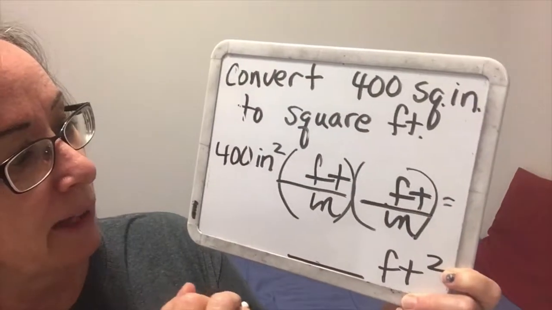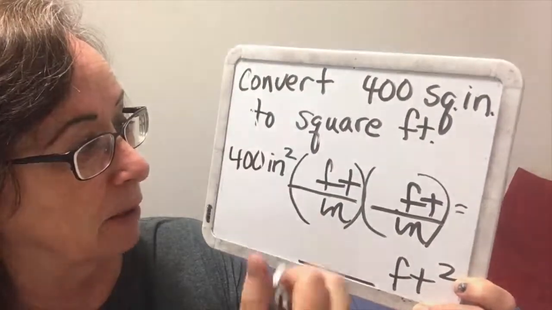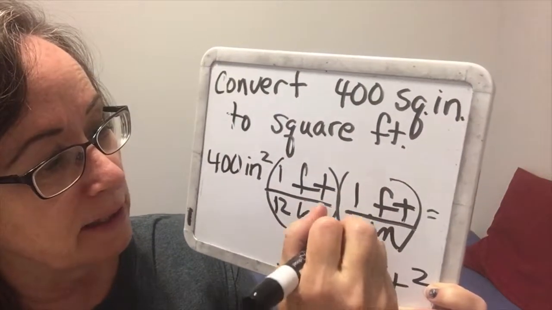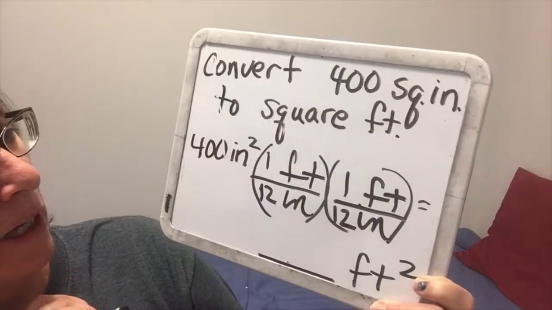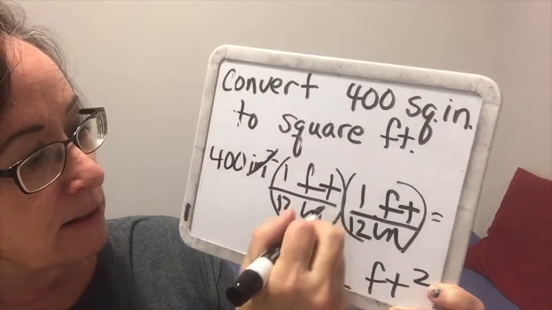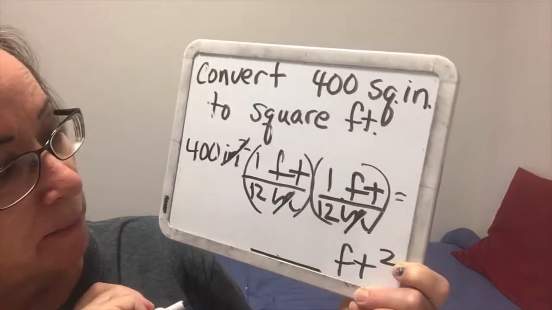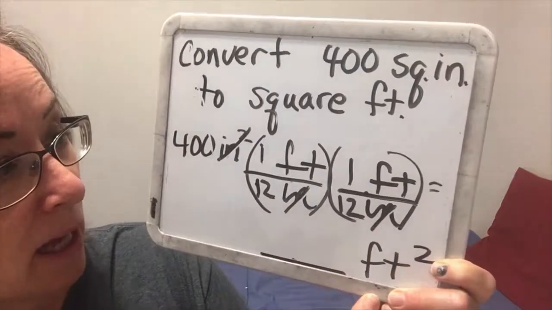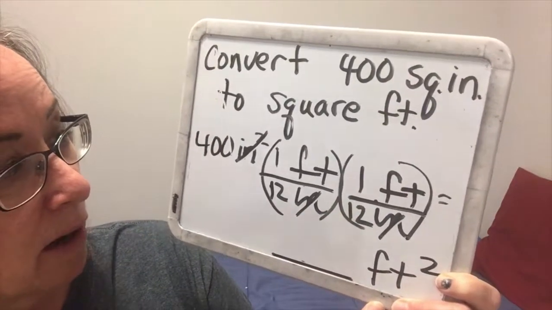Okay, so now we have to make this a true statement. We know that 1 foot is 12 inches. 1 foot is 12 inches. Now the inches squared cancels the inches and the inches on the bottom. Feet times feet gives me my feet squared. So all of my units are going to work.